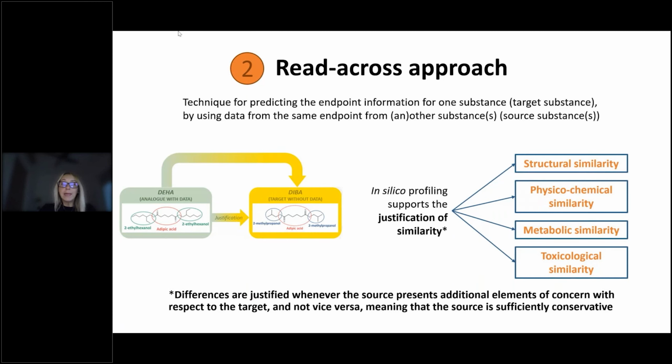And any relevant difference that is detected in this similarity analysis does not necessarily discard a given analogue, but it has to be addressed and commented carefully. For example, it can support the selection of a worst-case scenario. In fact, the differences in this approach are justified whenever the source presents additional elements of concern with respect to the target and not vice versa. So meaning that we want, of course, the source to be sufficiently conservative as compared to the target.